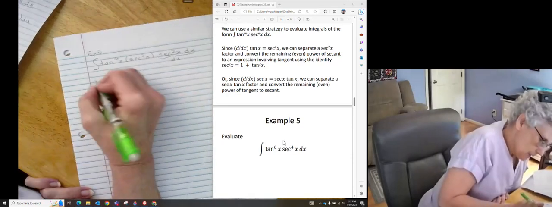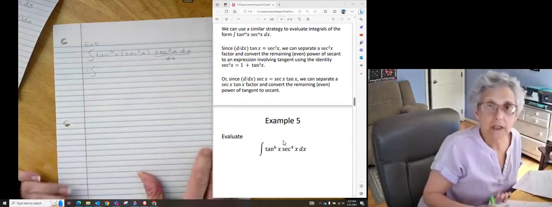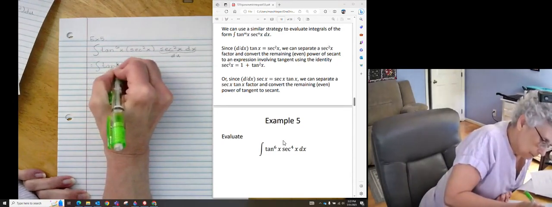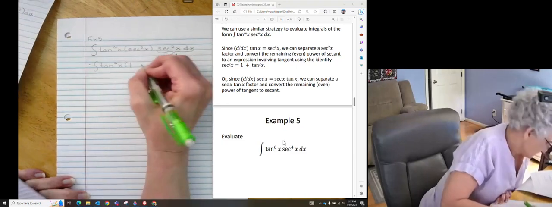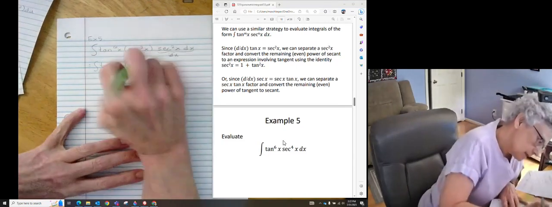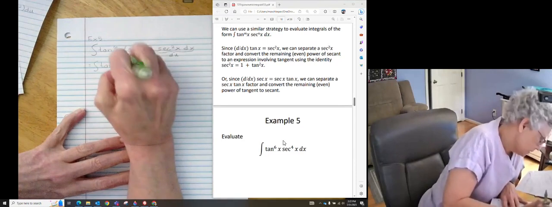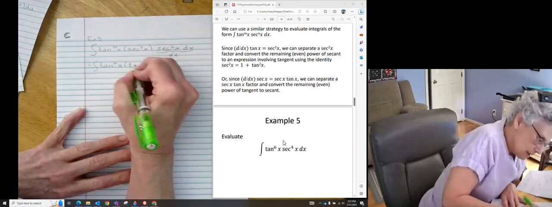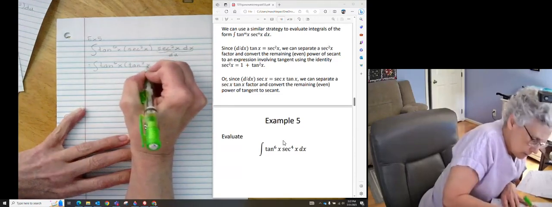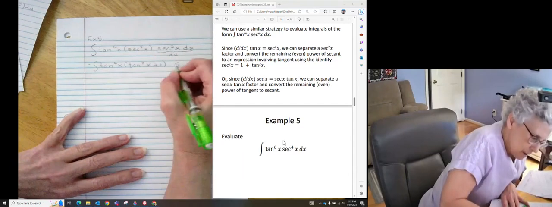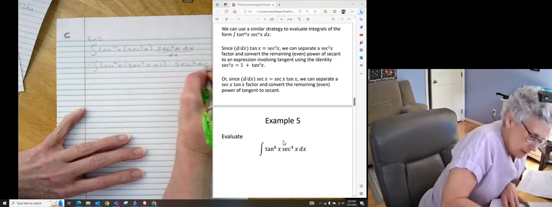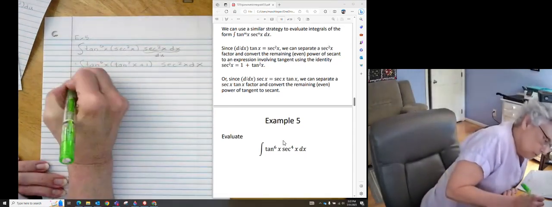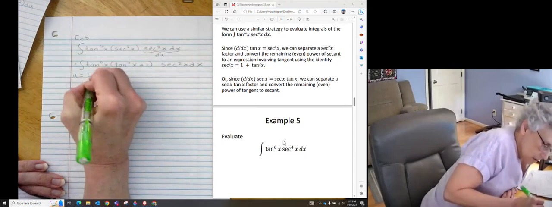So this is the integral of tangent to the 6th times tangent squared plus 1. And I could have put 1 plus tangent squared, but I didn't. Times secant squared of x dx. Now it's all ready to let u be equal to tangent.